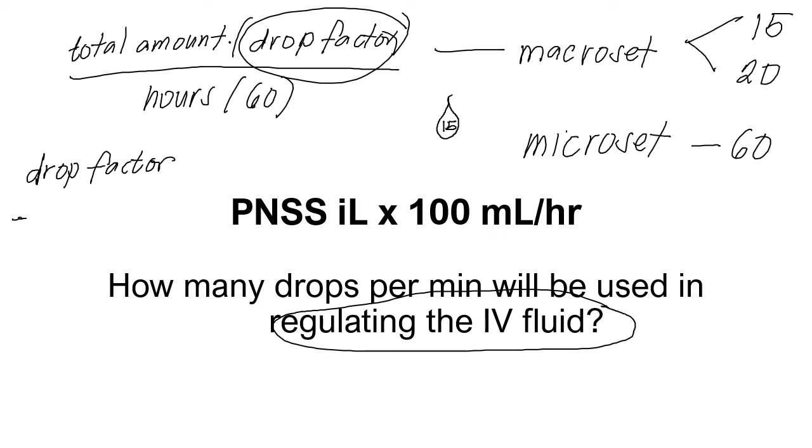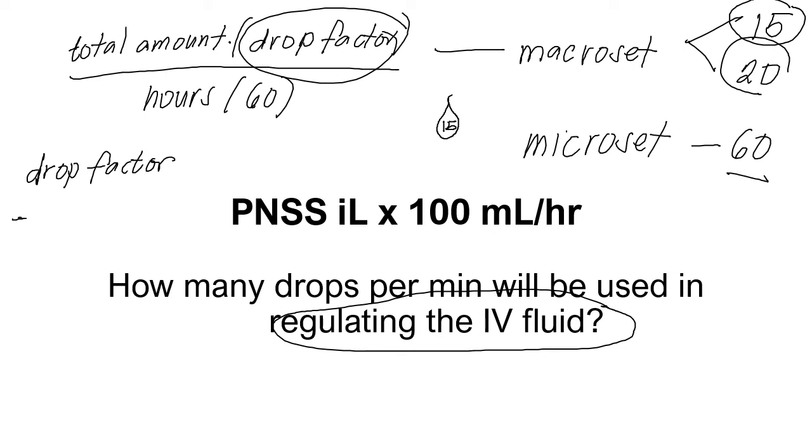In other words, if I am using a macro set with a drop factor of 15, it would take 15 drops to form 1 ml. If I am using a macro set with a drop factor of 20, it would take 20 drops to form 1 ml. If I am using a micro set, it would take 60 drops to form 1 ml. That's what we meant by drop factor.